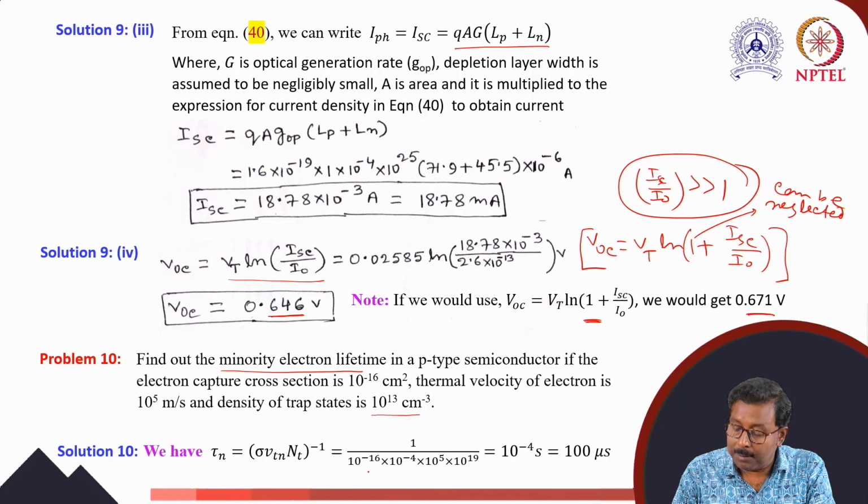So 1 by 10 to the power minus 16 centimeter square, into 10 to the power minus 4 because it is converted to meter square, into 10 to the power 5 meter per second, and 10 to the power 13 per centimeter cube converted to per meter cube, so 10 to the power 19. It gives you 10 to the power minus 4 second, or 100 microsecond.